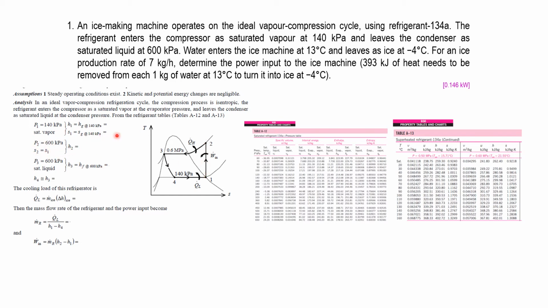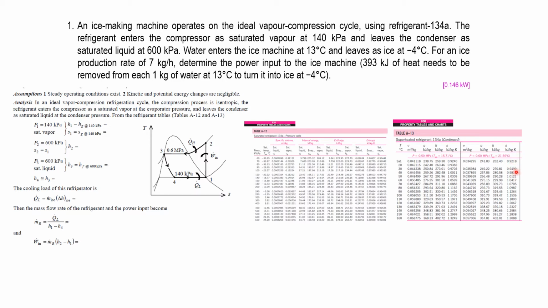Now we find our entropy here, so you will need to find a match here. The entropy at 140 kPa is 0.94456, and you don't have 0.94456 in the table. So for this you need to interpolate.